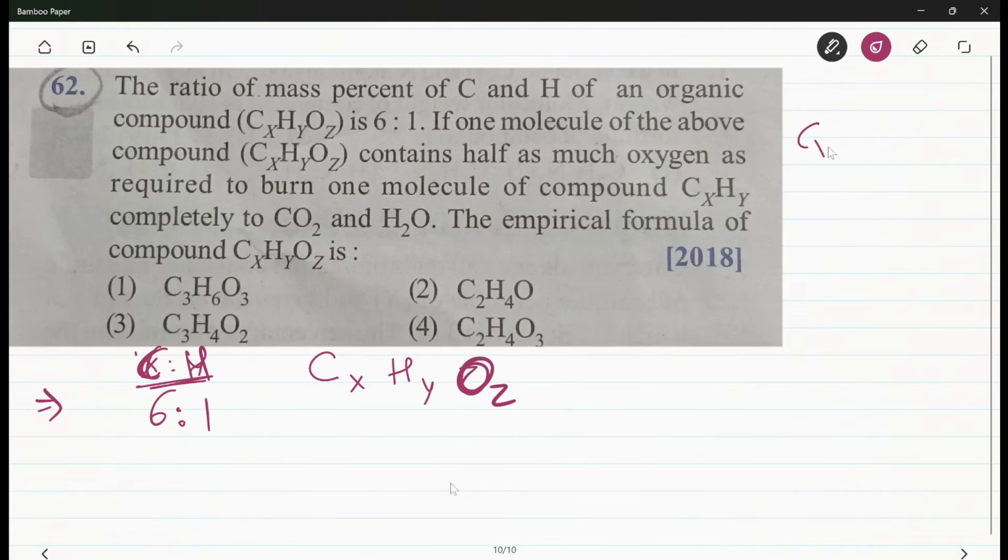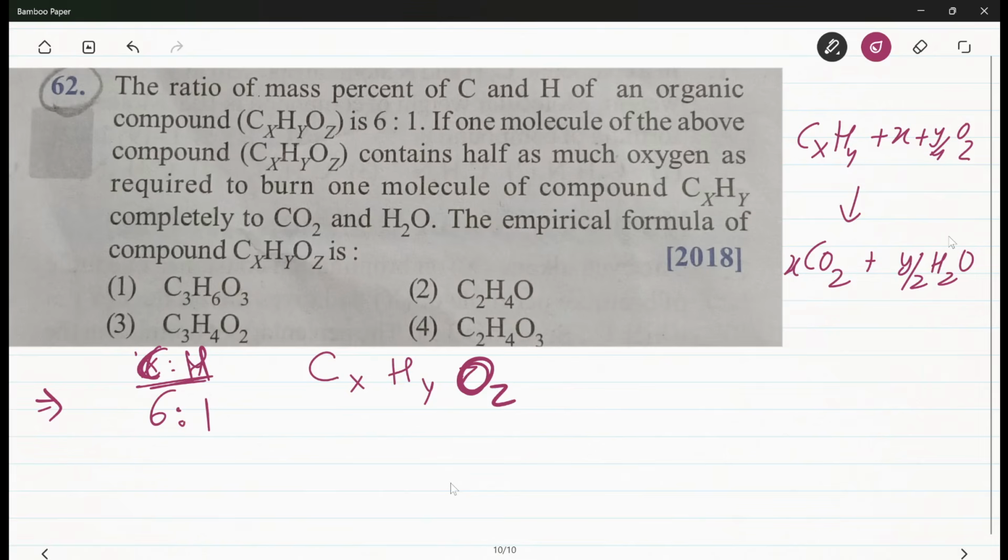CxHy, another reaction. One molecule of CxHy means x plus y by 4 O2 gives rise to x CO2 plus y by 2 H2O. One molecule of compound CxHy. So if I get x and y, then the answer is done.